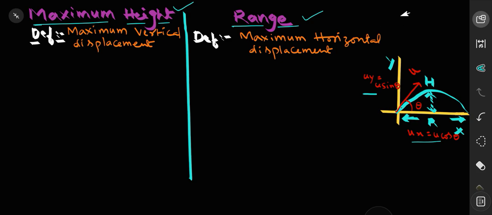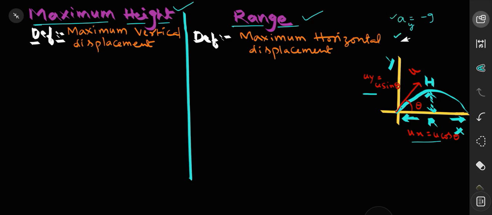In the vertical direction, a is equal to minus g, that is ay is equal to minus g, because there exists a change in velocity, so there exists acceleration in the y direction.